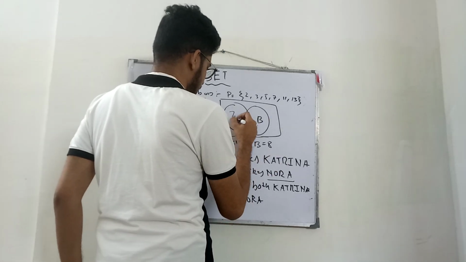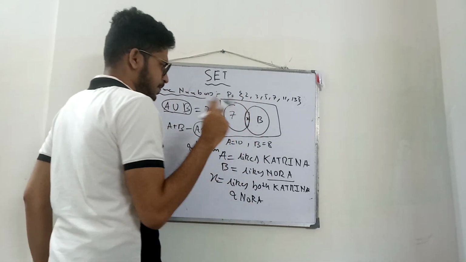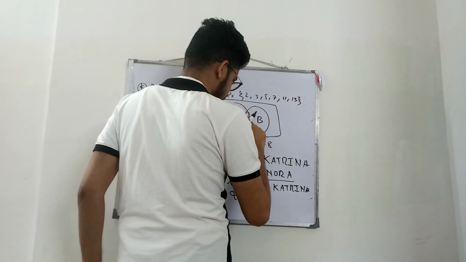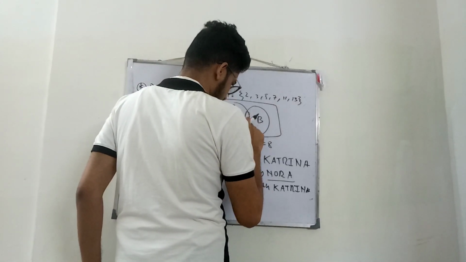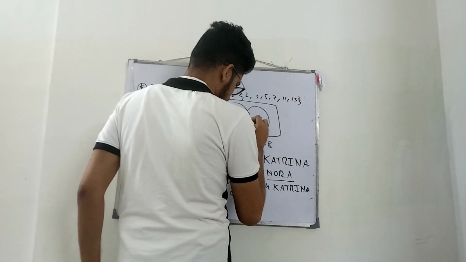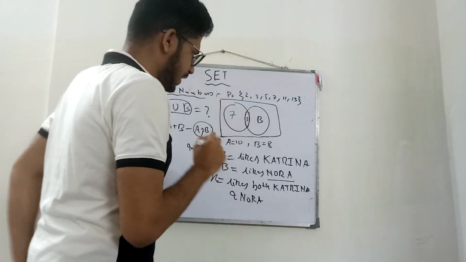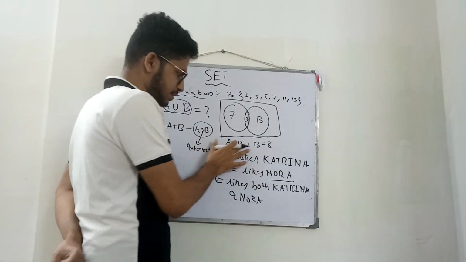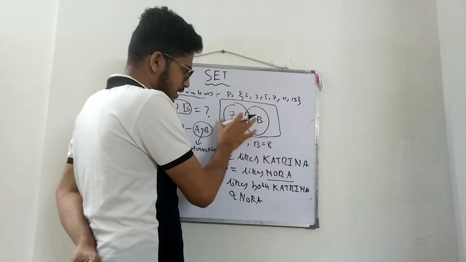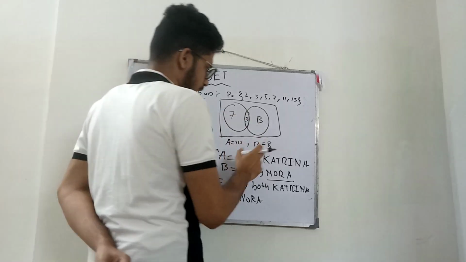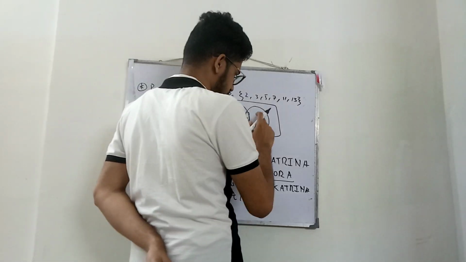Suppose this part is 7, and this intersecting part is 3. We are dividing this 10 into 7 plus 3. And suppose B is 8.